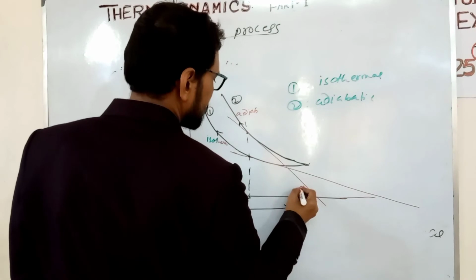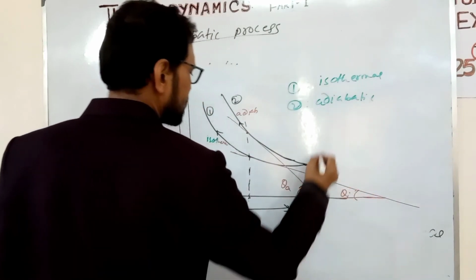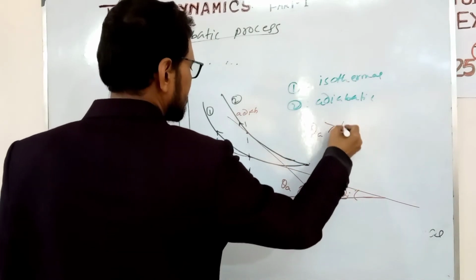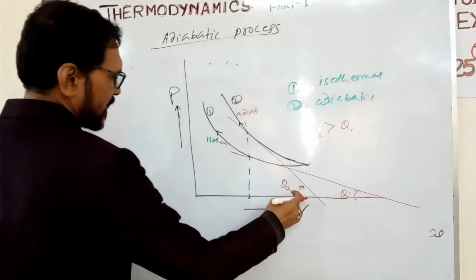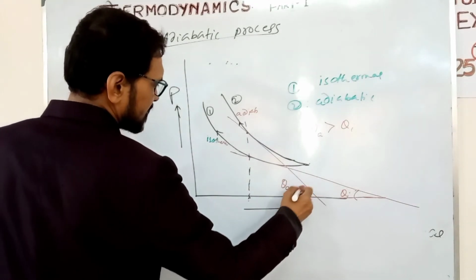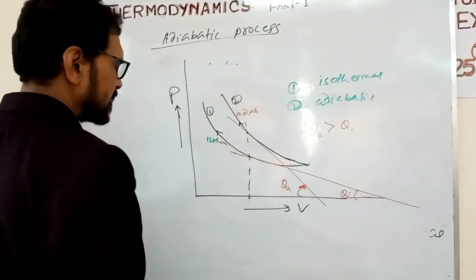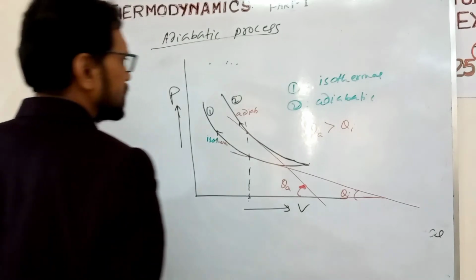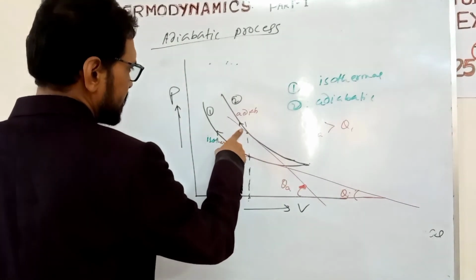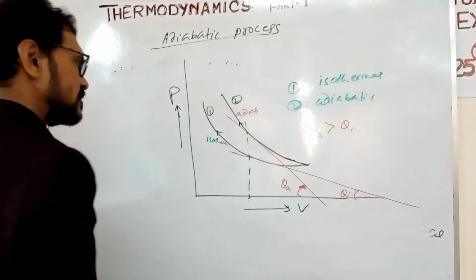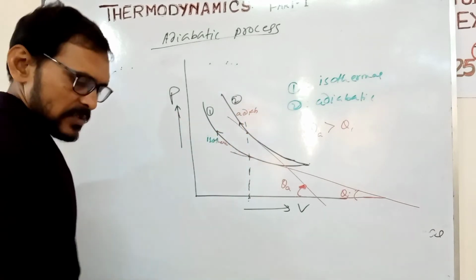Theta adiabatic is greater than theta isothermal. Here we take the angle clockwise, so this represents a negative slope and this represents a negative slope. The slope of adiabatic is more than the slope of isothermal, so when compression takes place, this becomes adiabatic and this becomes isothermal.